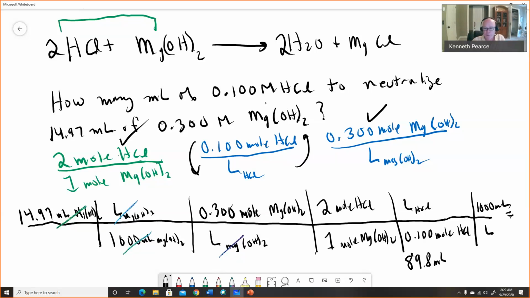And that would be of the hydrochloric acid solution, which is 0.100 molar. And that's how you do it. That's how you do acid-base neutralizations.